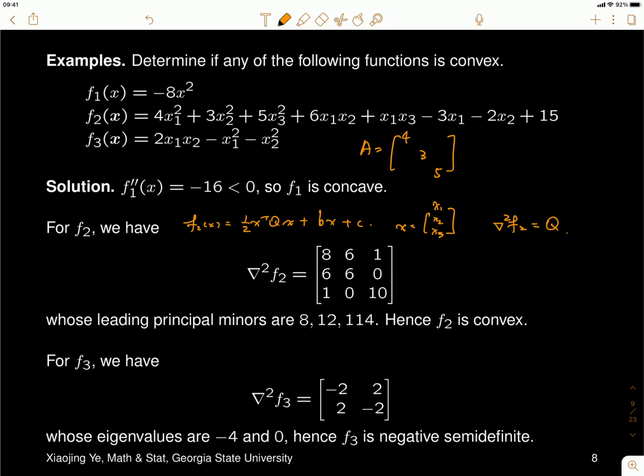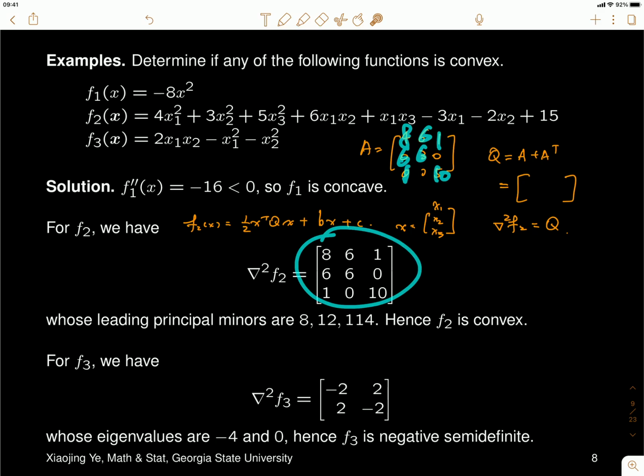We know the x1x2 term has 6, x1x3 has 1, and there are no other terms, so those are 0. Then Q equals A plus A transpose, which is just adding this matrix and its transpose. You can see this becomes 8, 6, 10. This 6 will be added to this 6, this 1 will be added to this 1, and everything else will be 0. And that is this matrix here.